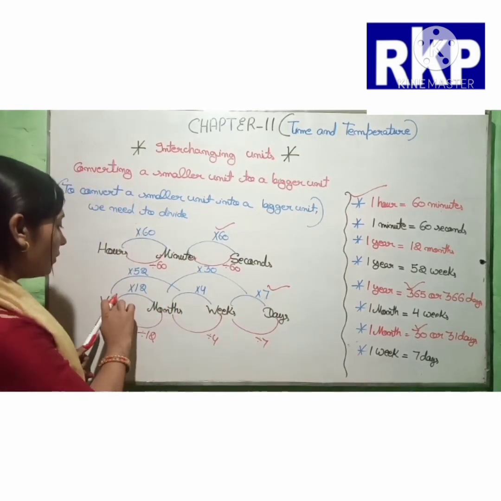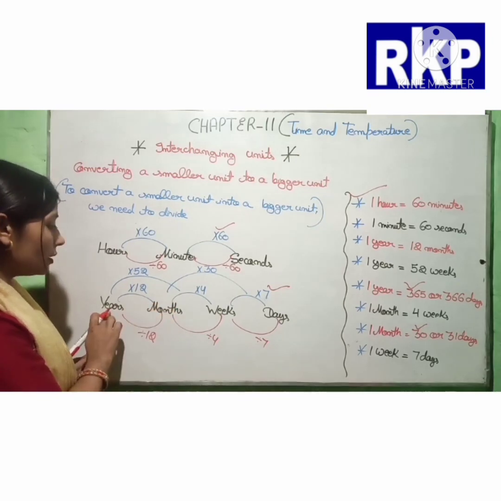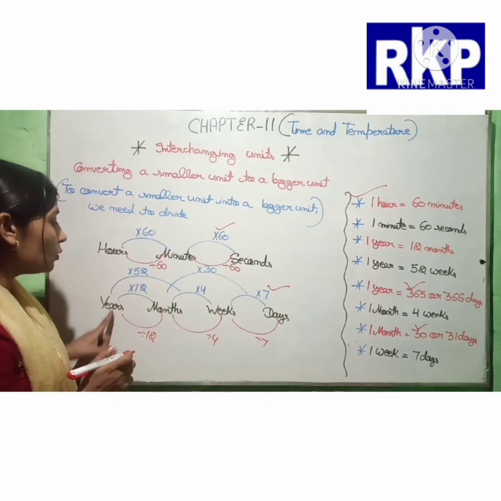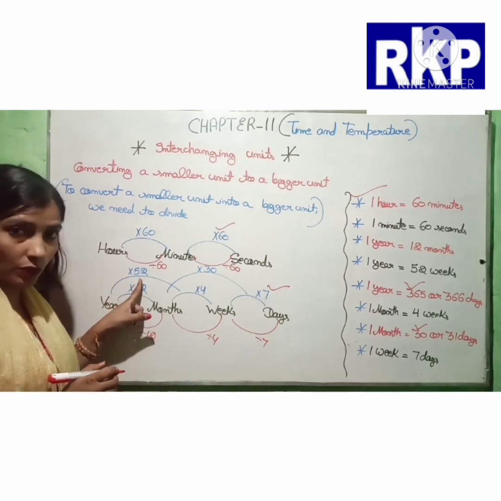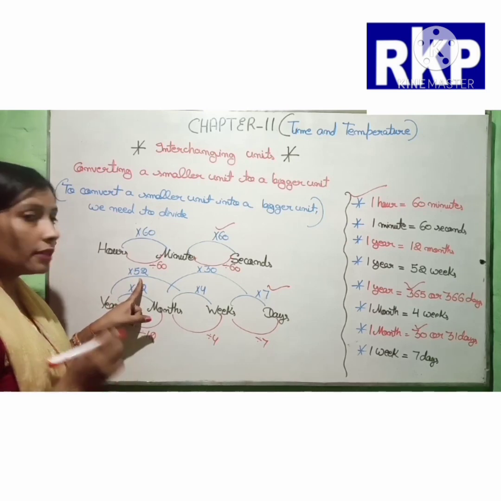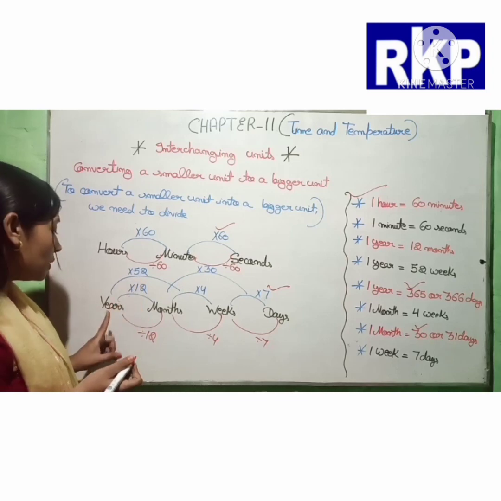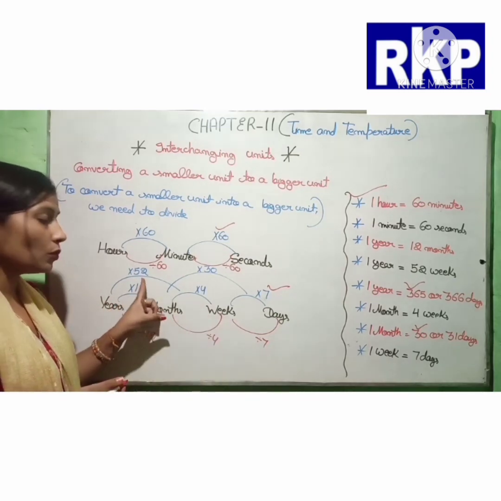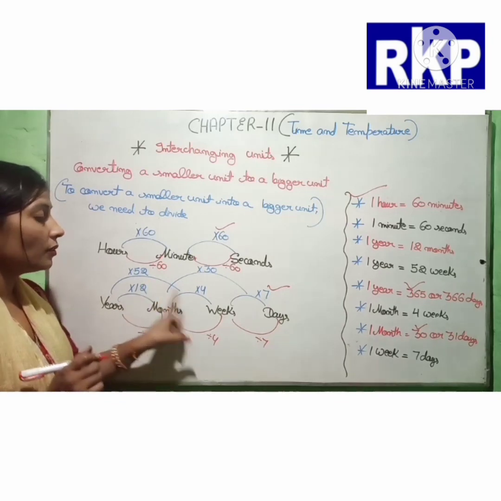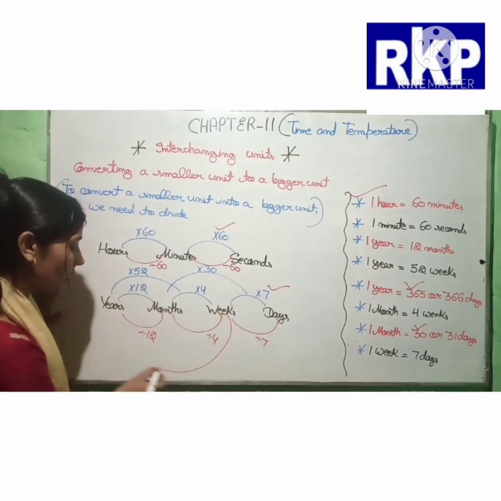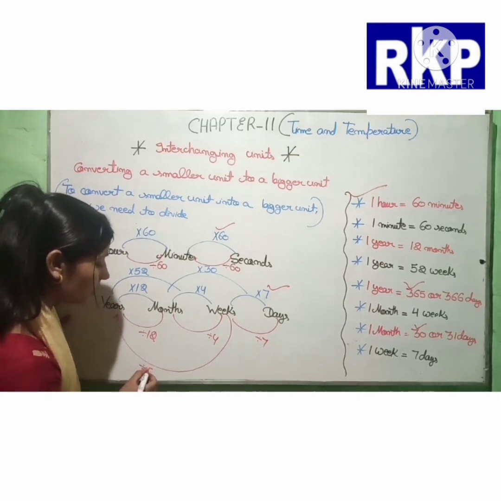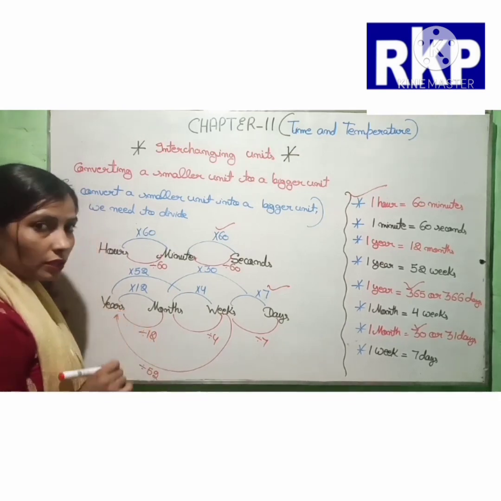And here when we convert years into weeks, then we need to multiply with 52, because there is a relation between years and weeks. 1 year is equal to 52 weeks. But when we convert weeks into years, then we need to divide with 52.